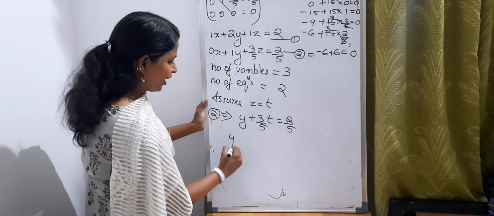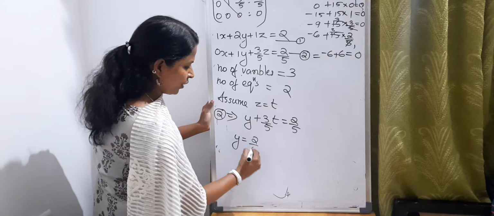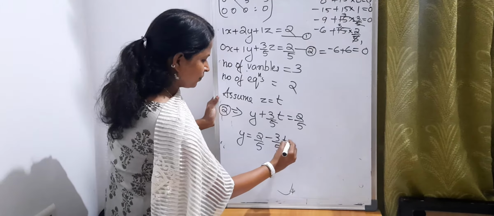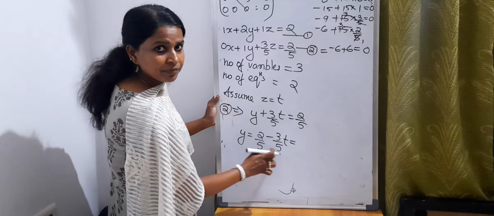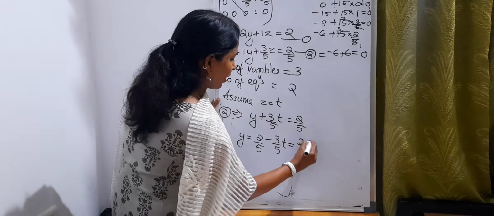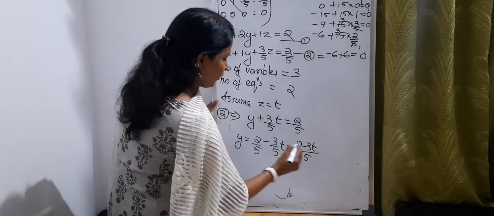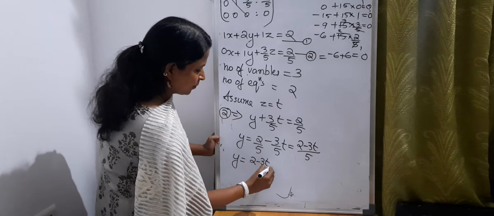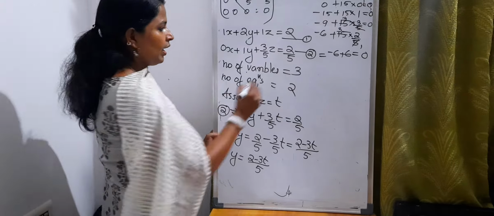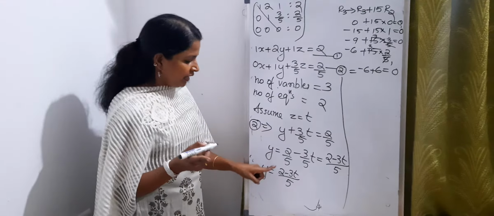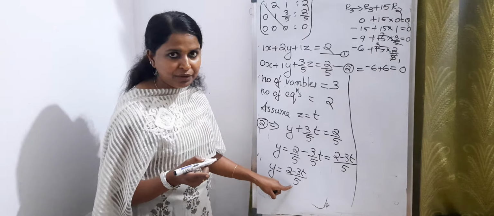Listen, that is y equal to 2 by 5 minus 3 by 5 t. Here the denominators are the same, 5. So, 2 minus 3t divided by 5. Here we get the value of y. y is 2 minus 3t by 5. Okay, and here z equal to t.